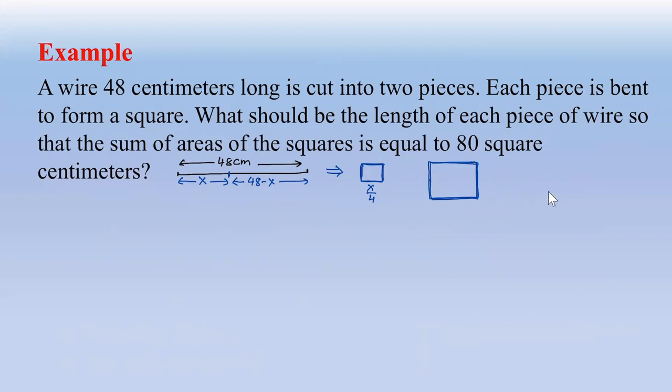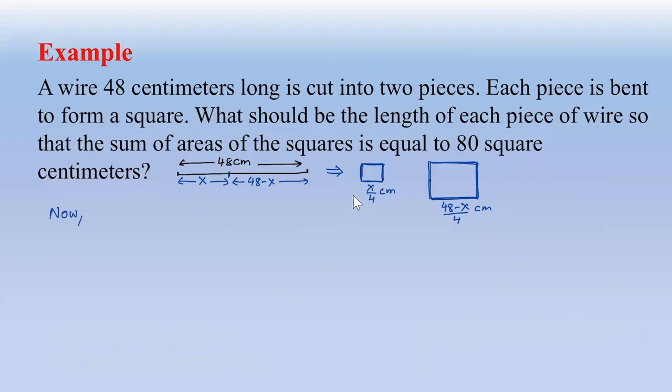That means the length of each side will be 48 minus X divided by 4. So that will be the side of each square. Now what they have said is, if we find the area of the first square and the area of the second square, and add them together, the sum of the area will be 80. So now let's write that.